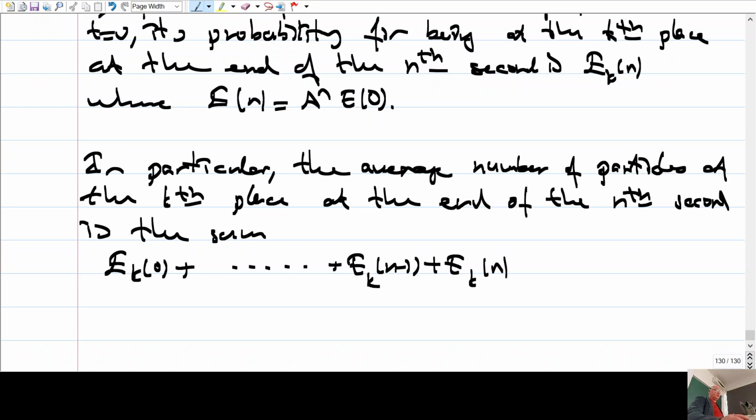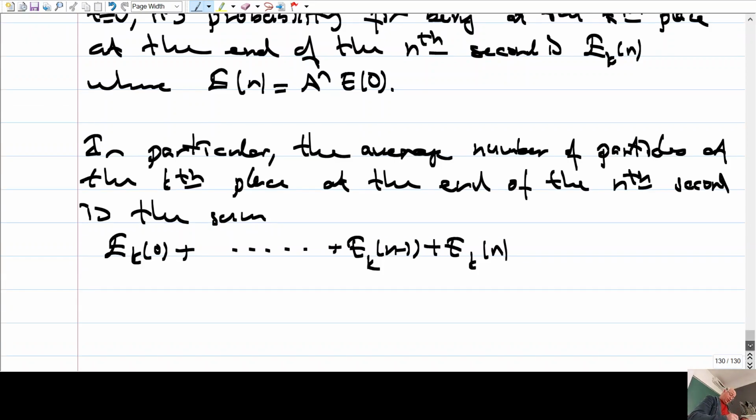So this total sum is the average number of particles at the position k at the end of the nth second.